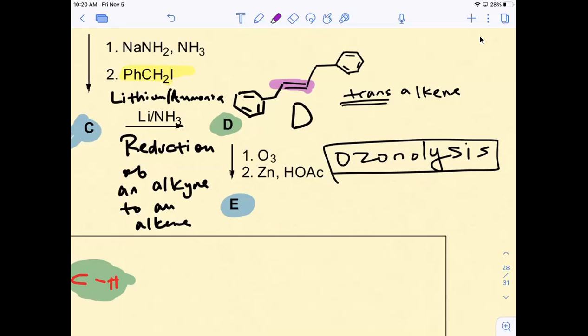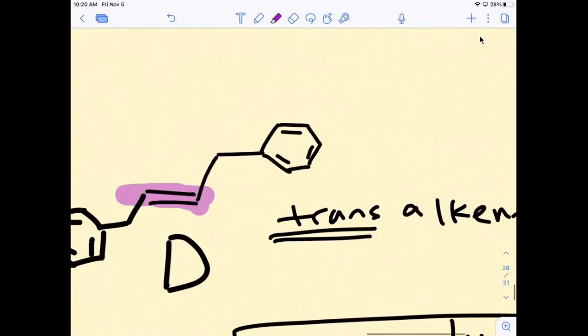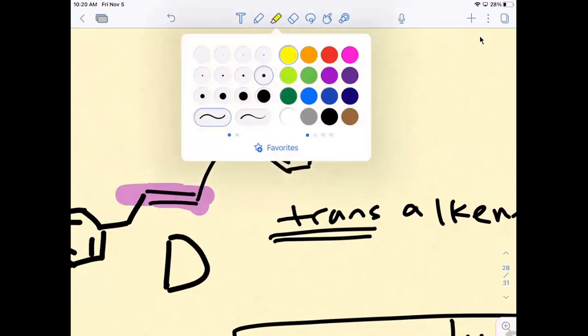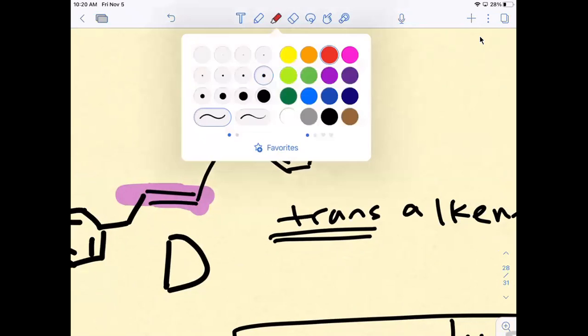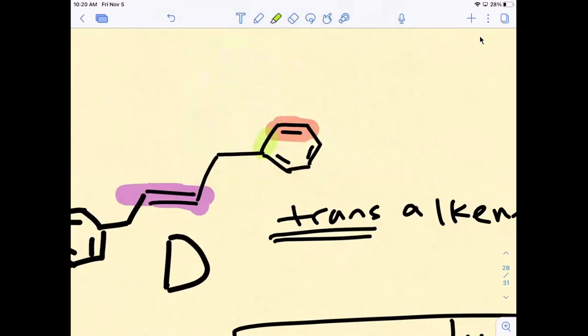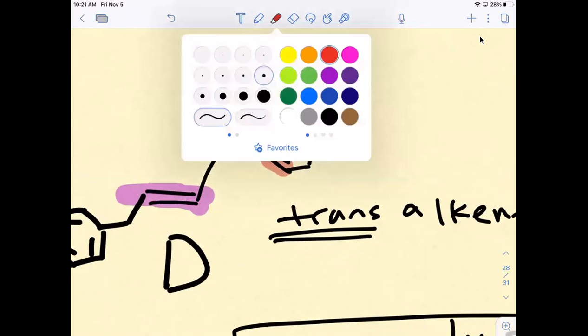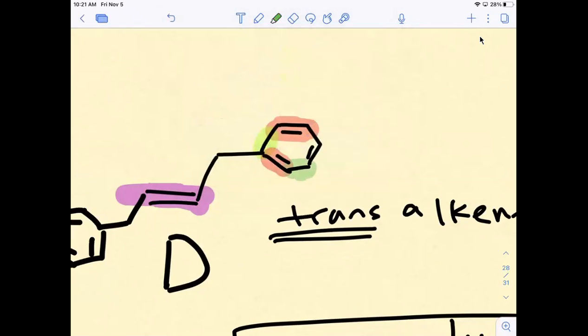Yeah, it's a special class of alkene because there's a couple of reasons why it's so stable. First of all, it's what we call conjugated, where you can see a pattern of a pi bond here, and then a sigma bond here, and a pi bond here, and a sigma bond here. So that conjugation adds stability.